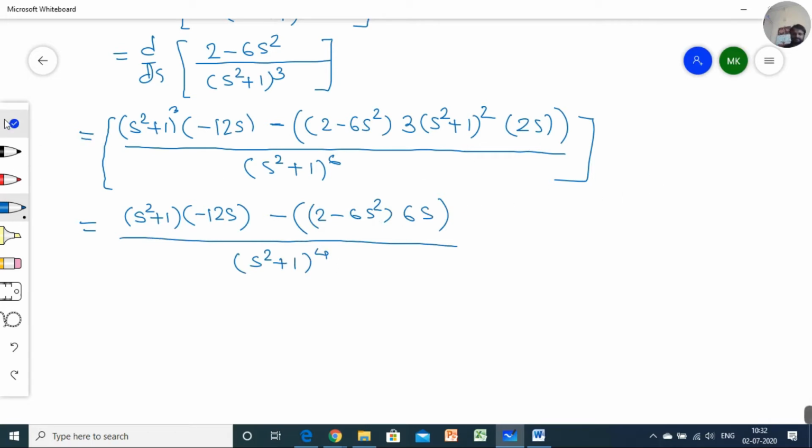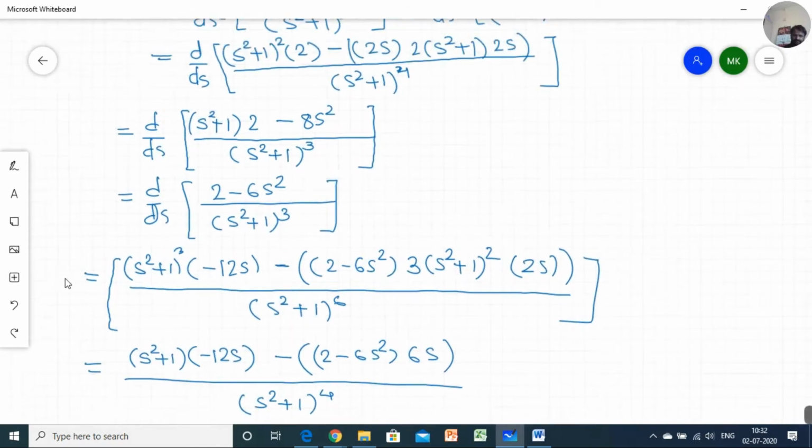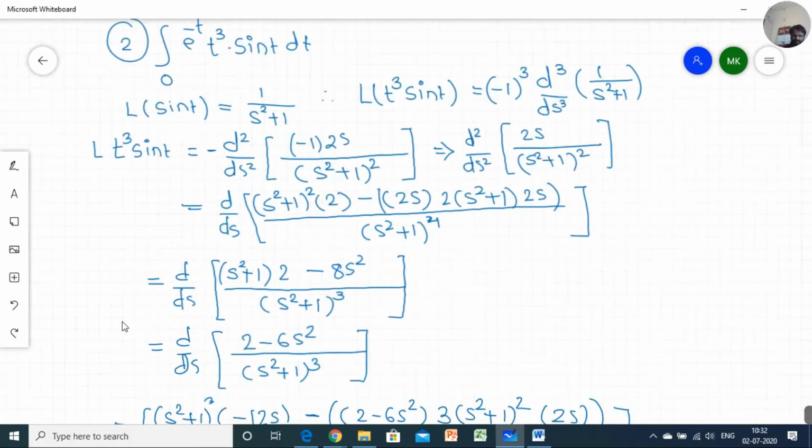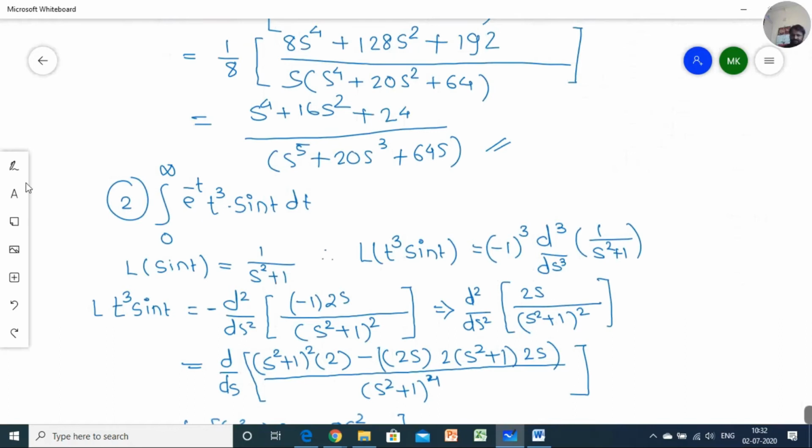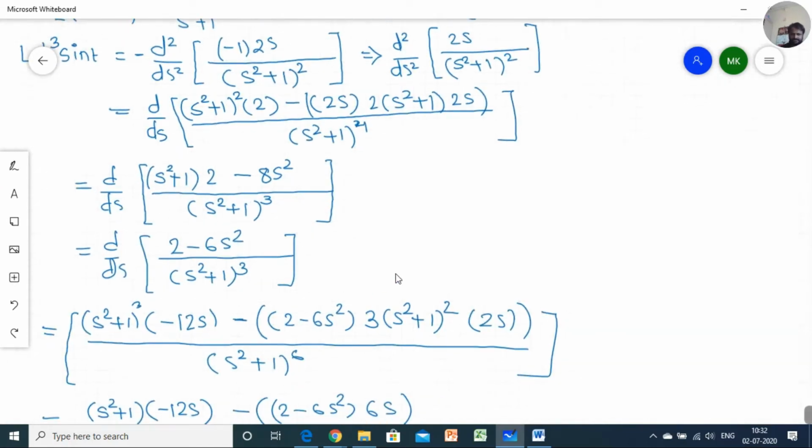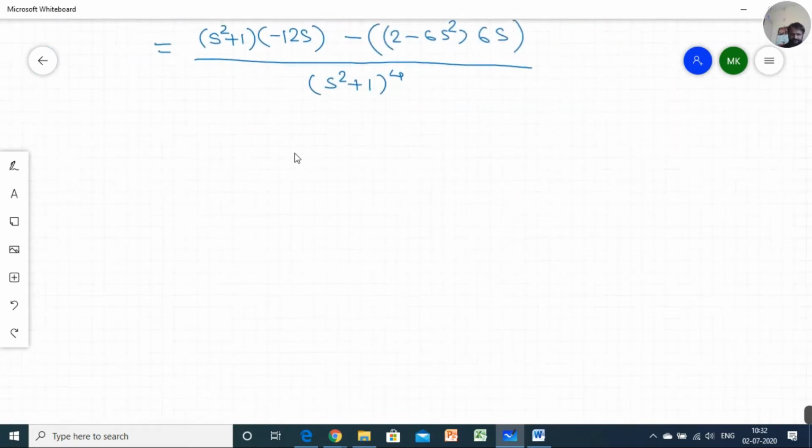Now I'm not going to simplify further. We will get the result, because we have to compare s equal to 1. We did not compare earlier, so we have to compare here.